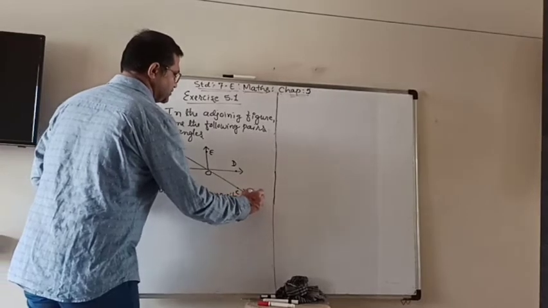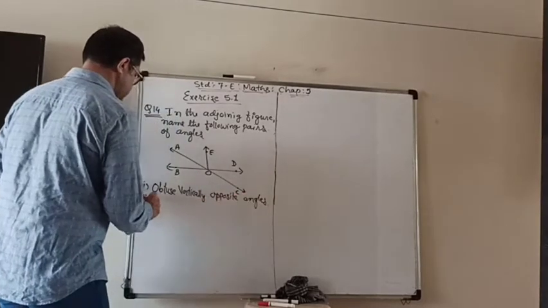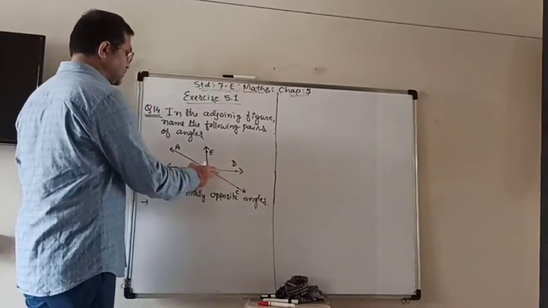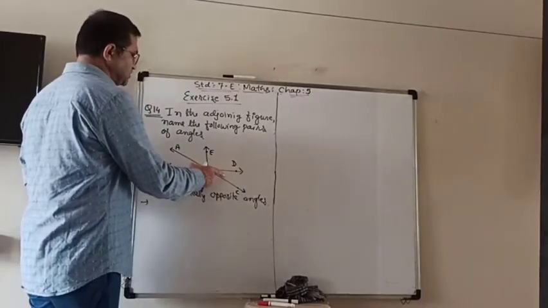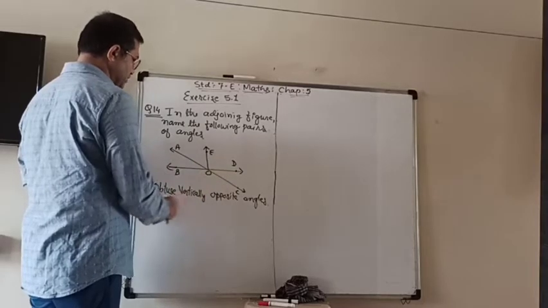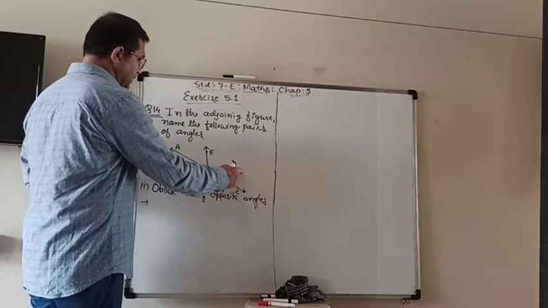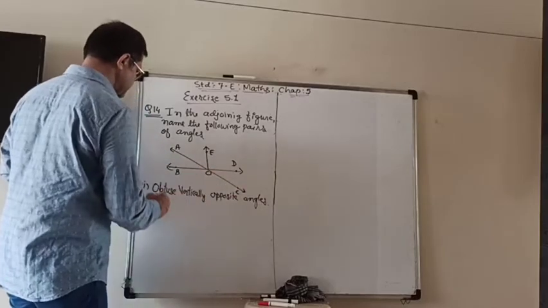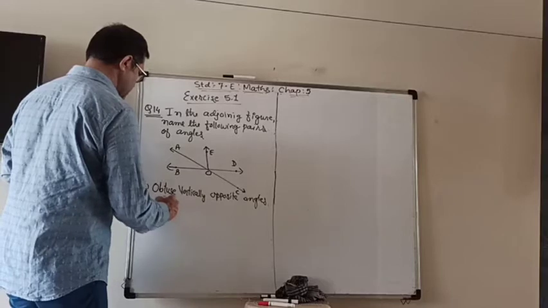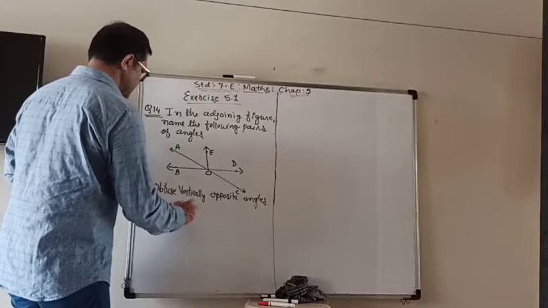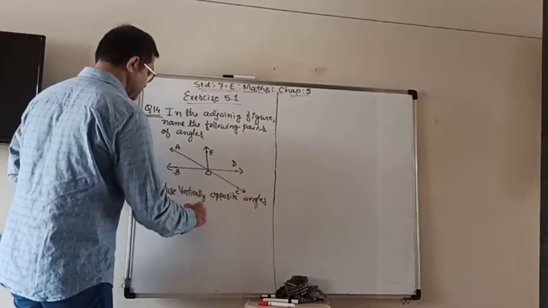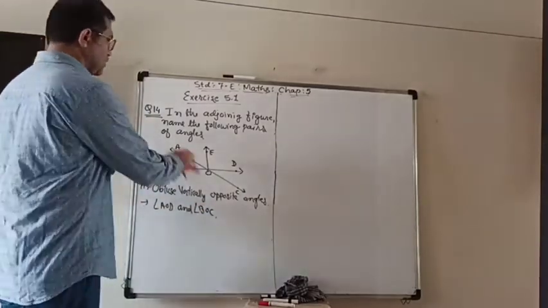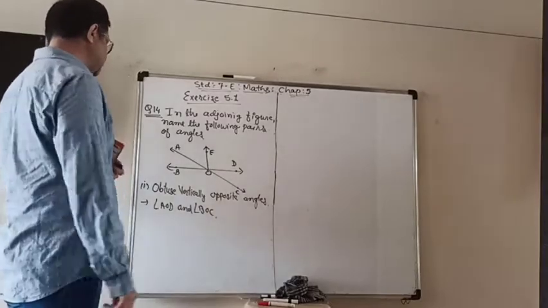Vertically opposite angles means when two lines cross each other, the opposite pairs. You can see that this pair is acute, but we need obtuse. So this one, angle AOD and angle BOC. These are the vertically opposite angles.